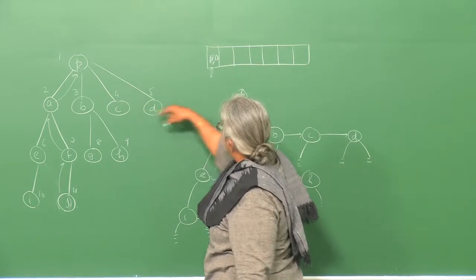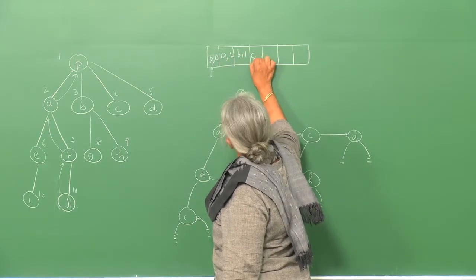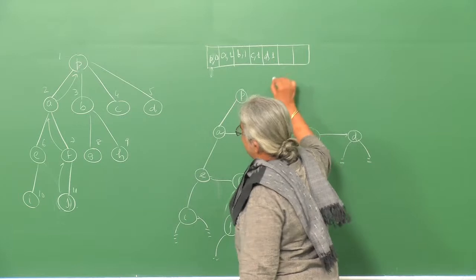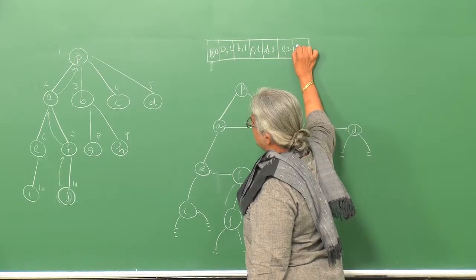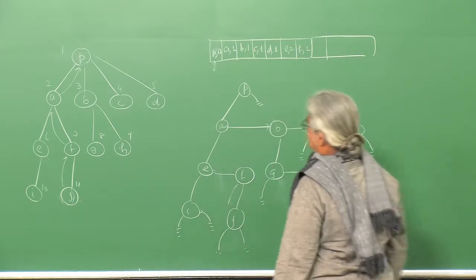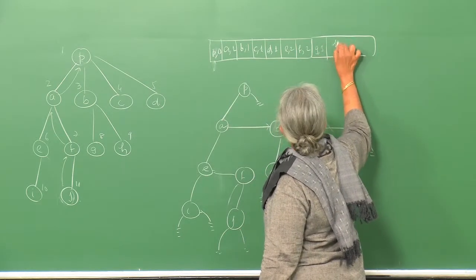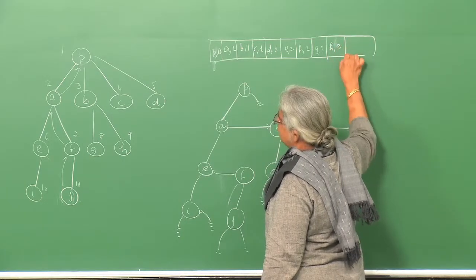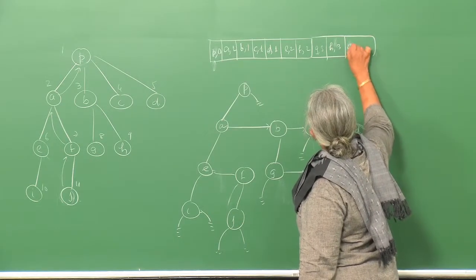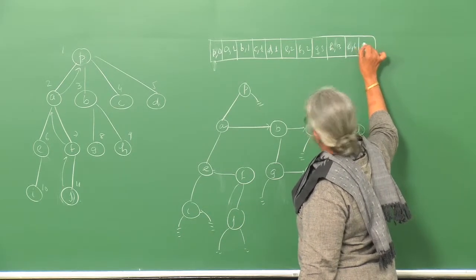Then the indices go from 1 to 2, I would say A comma 1, B comma 1, C comma 1, D comma 1, and I would say E comma 2, F comma 2, G comma 3. I will tell you in a minute what I am representing over here, H comma 3, and I comma 6, and J comma 7.